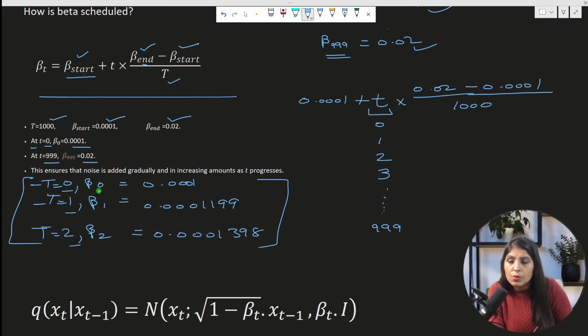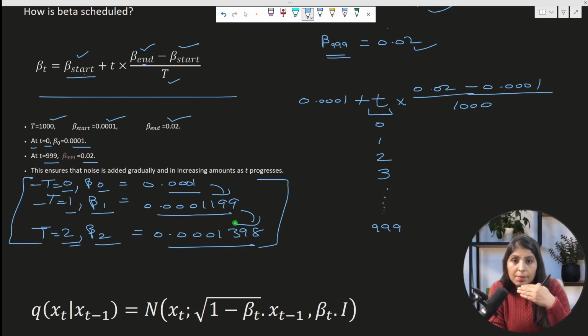At time step 0, the beta value will be 0.001. But at time step 1, the beta 1 value will be this. See, this value is linearly increasing. And at time step 2, the value of beta will be this. So, as I've told you, this beta value is scheduled linearly, which means it will increase linearly step by step.